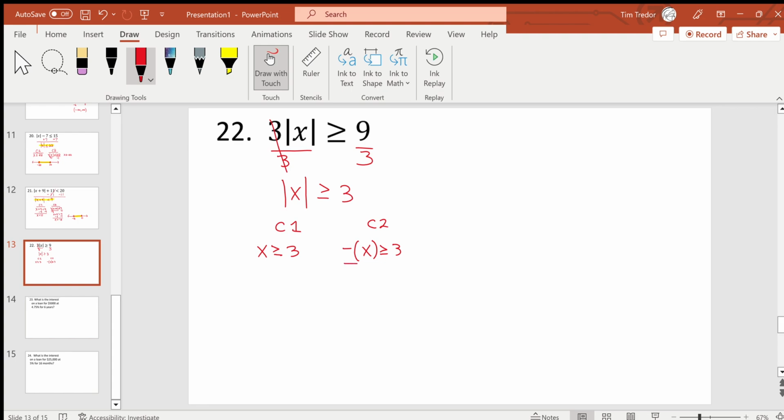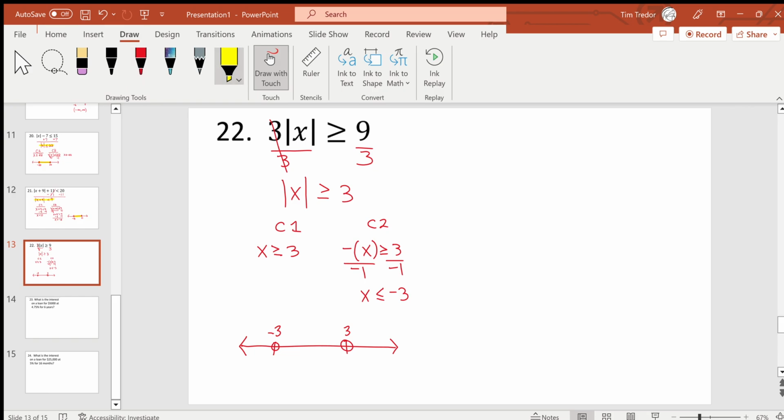And we can divide by negative 1 on both sides. When we do that, flip the inequality symbol because we're dividing by a negative. And now I've got my two numbers, negative 3 and positive 3. Make sure we put them in the right order on our number line.